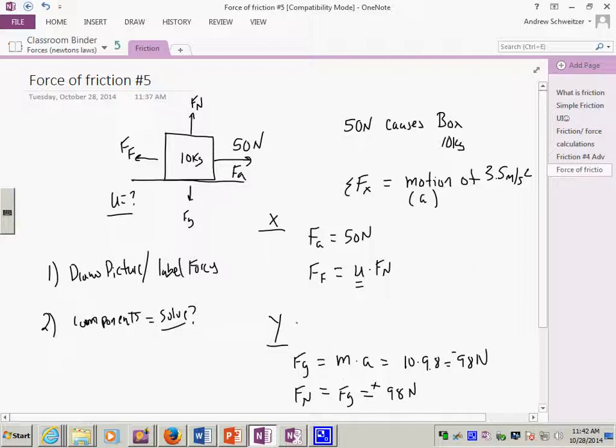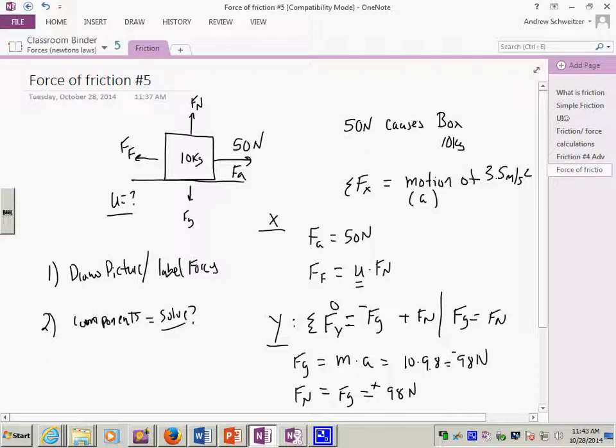Now in the Y direction, the sum of all the forces in the Y direction, they're balanced. Therefore, the sum of all of them equals 0, which is equal to the force of gravity plus the force normal, and I put a negative here. Another way to write that might be force of gravity equals force normal.